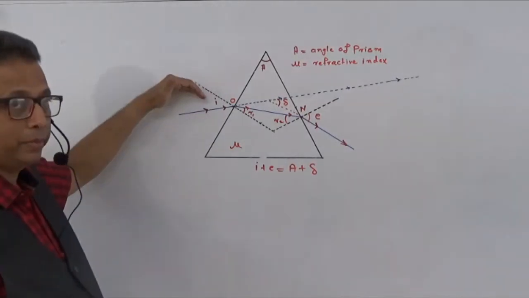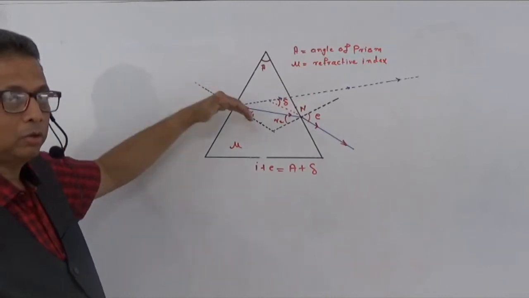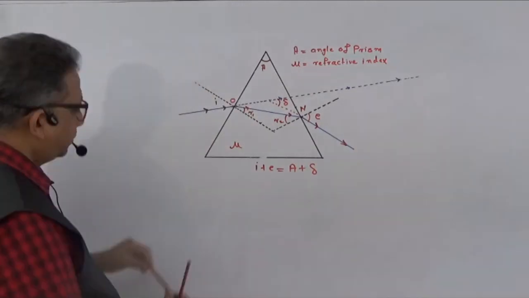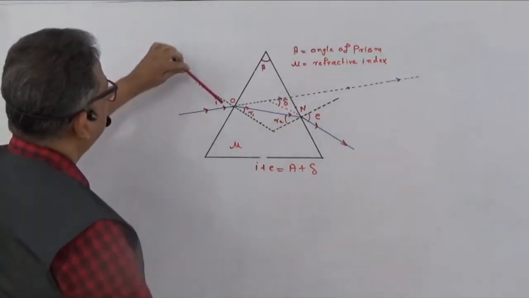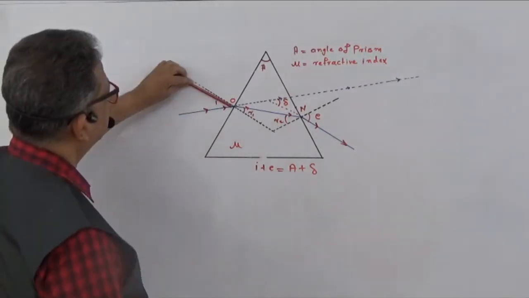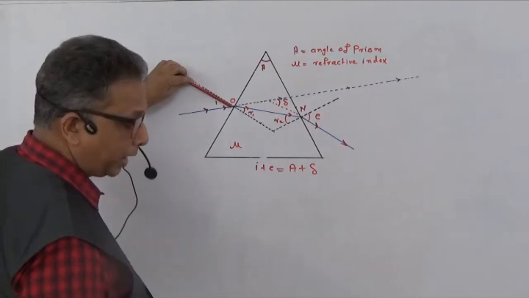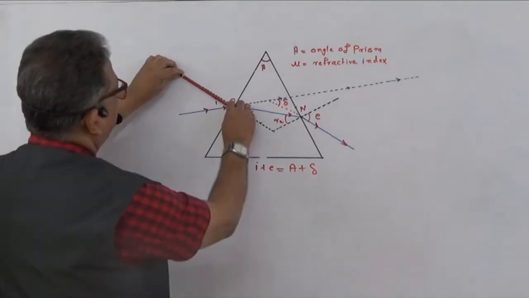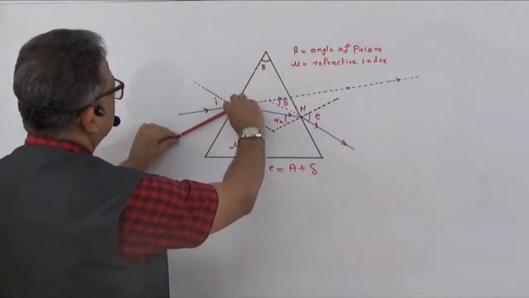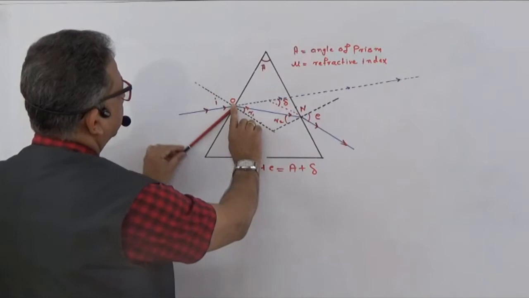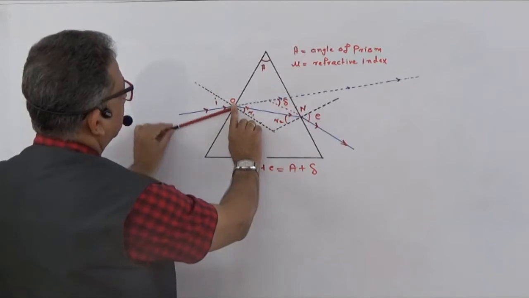Angle 0 means the ray will be perpendicular, or normal, to this particular face of the prism. Suppose I show this as the ray of light which is being incident. So what are the different angles I can have? It can start from angle 0 and go from angle 0 to angle 90. These are the probable angles this particular incident ray can have.